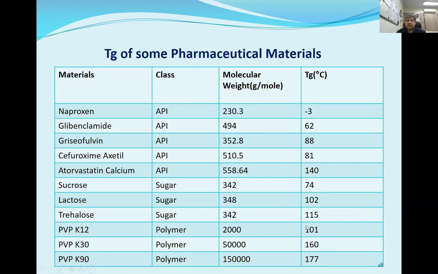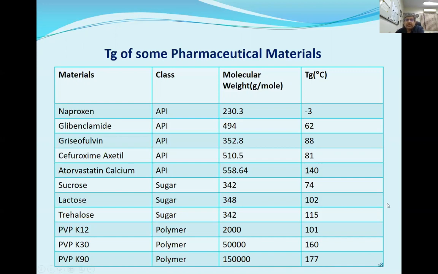Again, this is going to be discussed later as well, that these polymers which have high Tg value can be used as stabilizers for the amorphous form, because the overall glass transition temperature of an amorphous drug and this polymer present in the amorphous solid dispersion would be higher than the Tg of the drug alone.